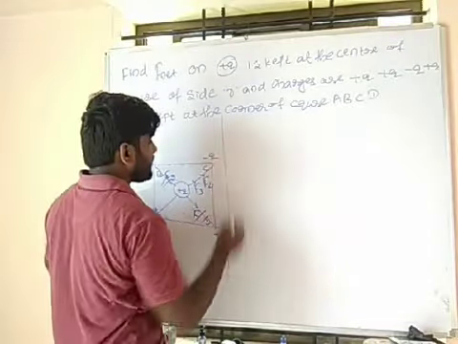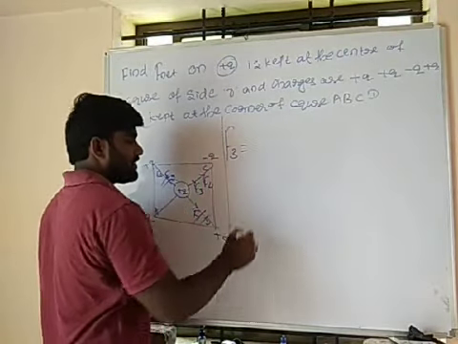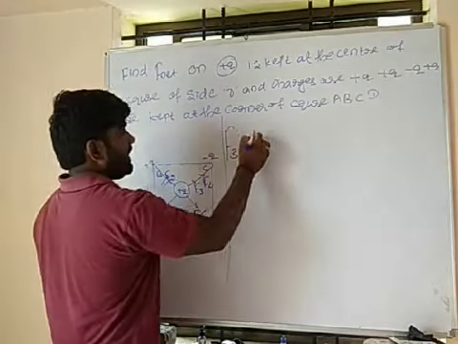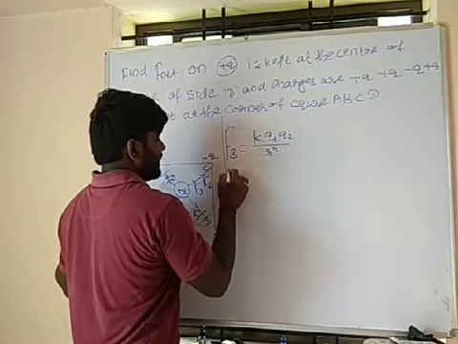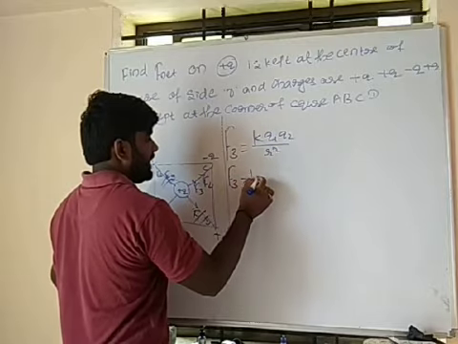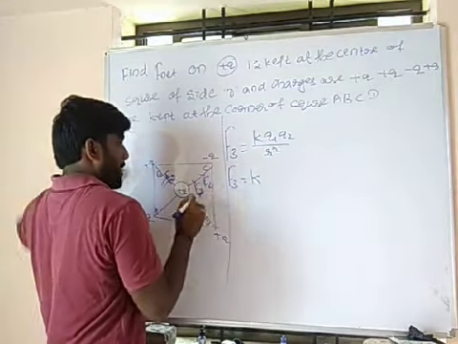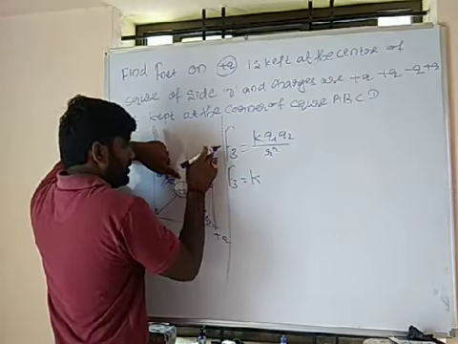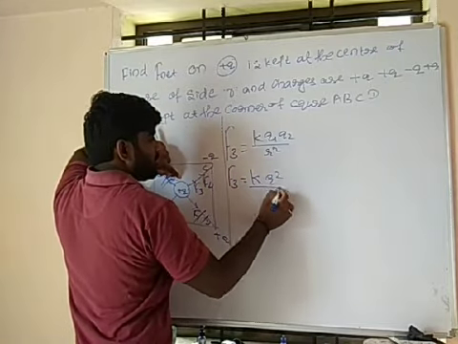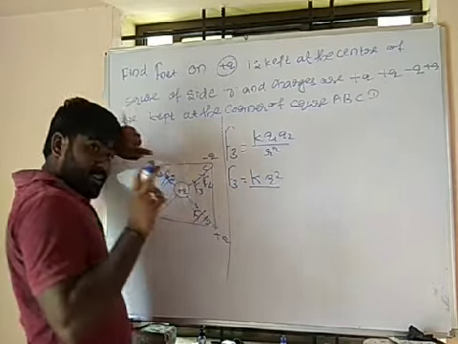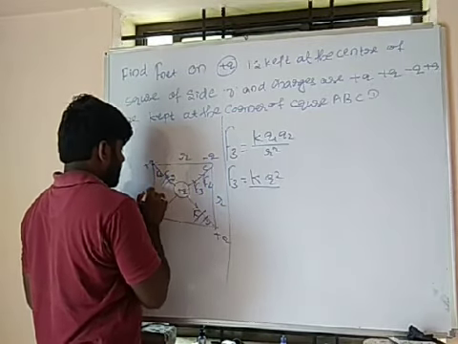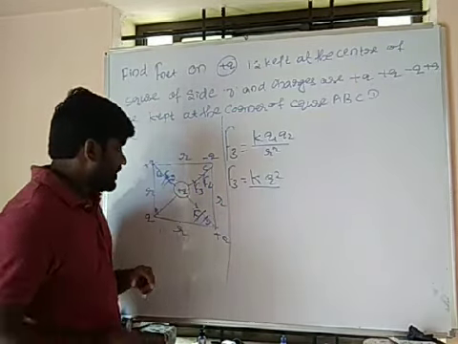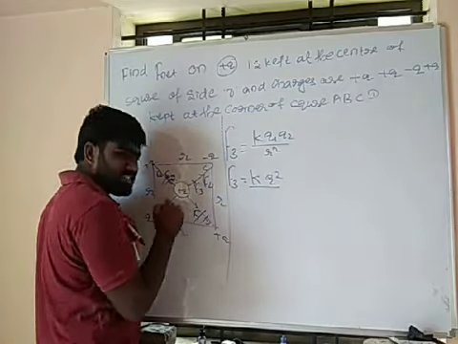First of all, calculate F3. F3 is equal to K Q1 Q2 divided by R square. So F3 is equal to K times Q square divided by r square. Here the side is r, which I have given, and from this point to this point is half of the diagonal.